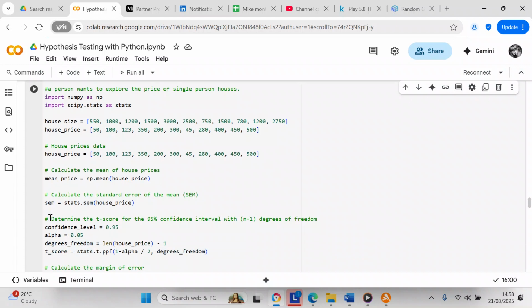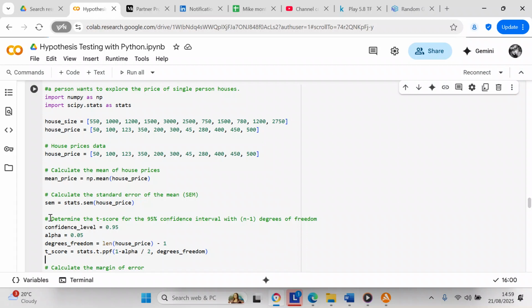And then we're going to determine the t-score for the 95% confidence interval with n-1 degrees of freedom. So n is 11, because n is the number of elements in the list. So n-1 is going to be 10. Your confidence level is 0.95.